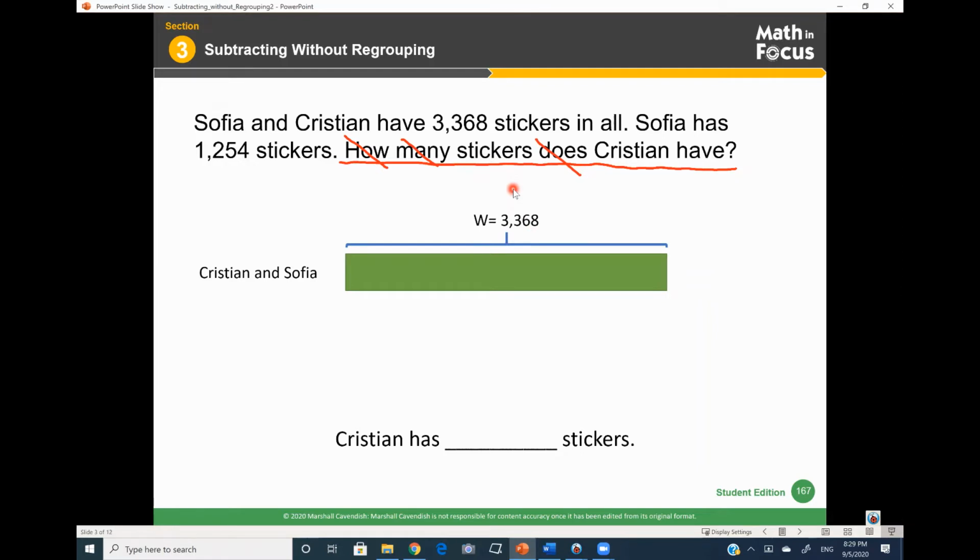Now, it says too that Sophia has part of those stickers because she has 1,254 stickers. That means that we are trying to find how many Christian has, and that's the part that we don't know. Now remember, when we're looking for the part, that means we need to subtract. So let's do the subtraction to find the answer to this problem.